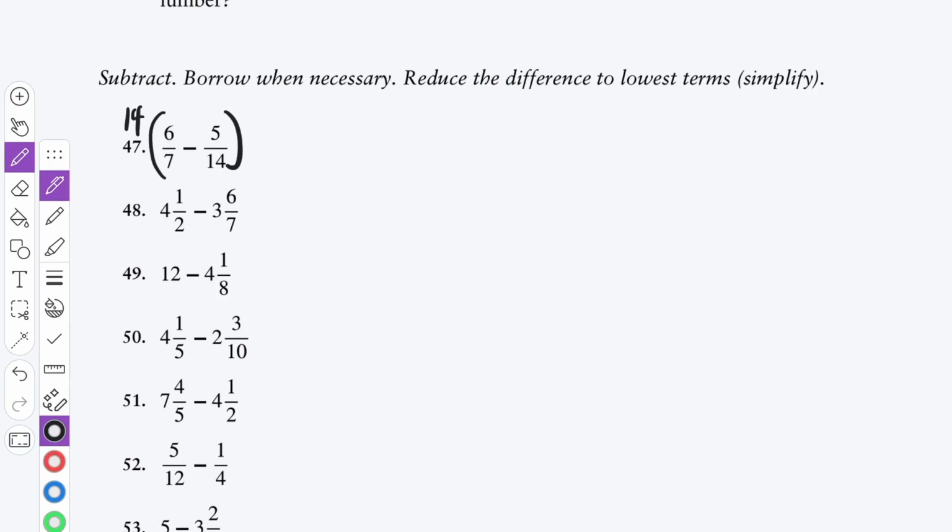So I write 14 over here. And what I do is, let me change the color. I can multiply 14 times 6, but instead I'm going to divide 14 by 7, and I'm going to get a 2. And so I'm going to multiply the 6 by 2. Now you get the same result if you multiply 14 times 6 and then divide by 7.